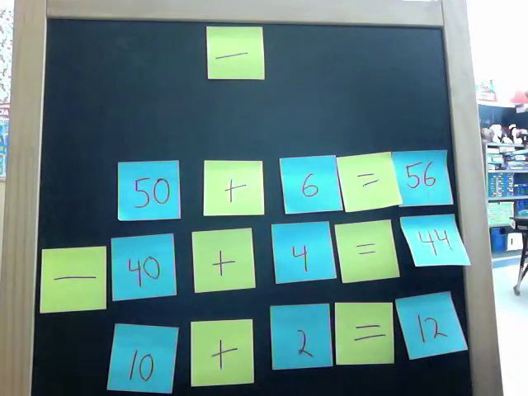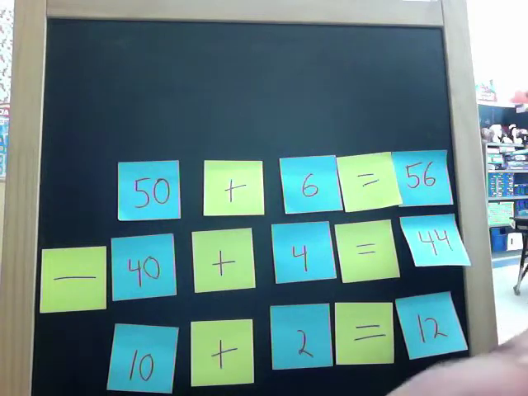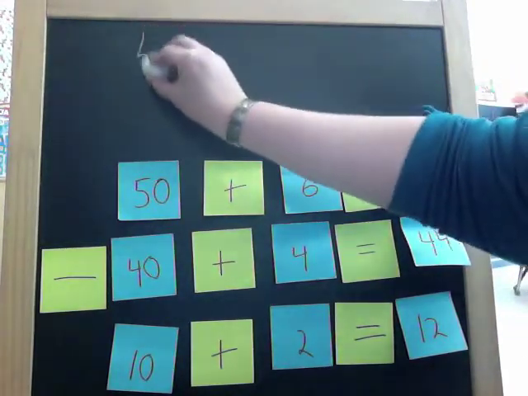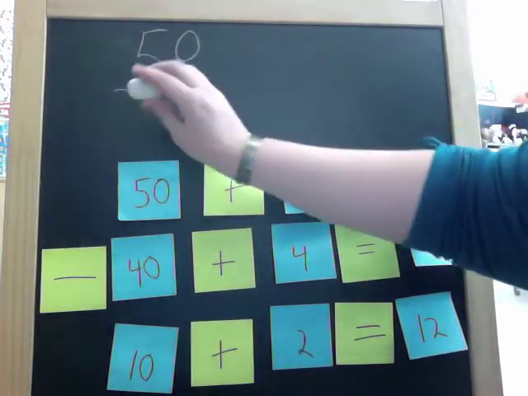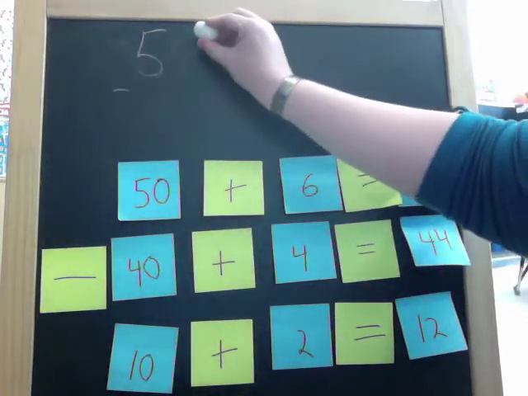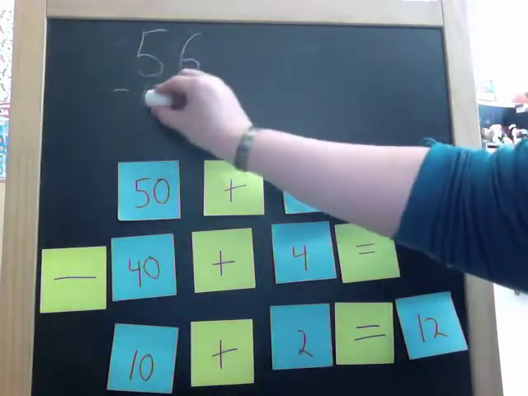All right? I'm going to show you, for those of you that like to do your problems vertically, what this would look like vertically. Let me move my subtraction sign. So we had 56 minus 44.